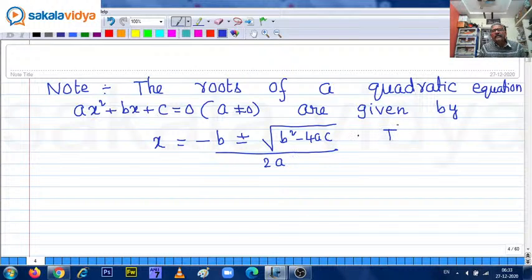So this is called the quadratic formula.